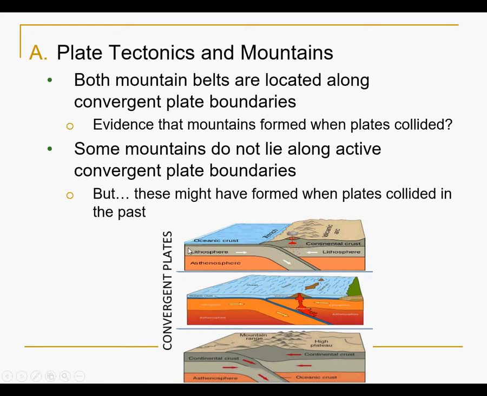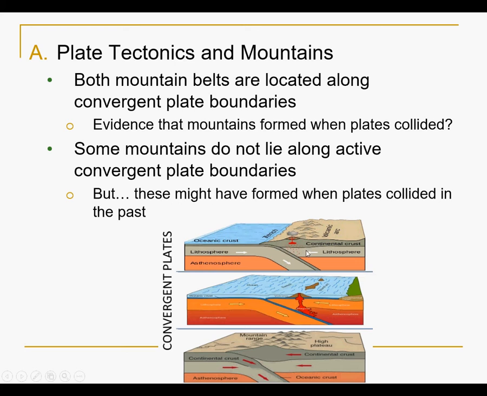So how do tectonics work? It's real simple. You either go up, you either go down, you can move apart. But to understand how it all works, with convergent plates, one is going under or subducting, and one is going over.